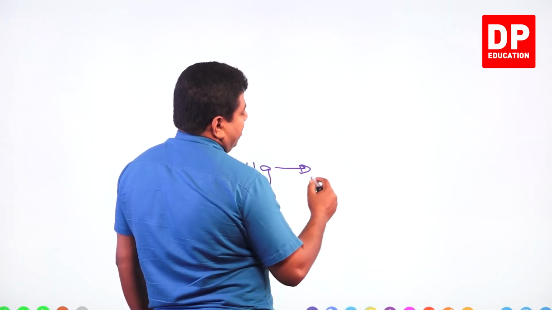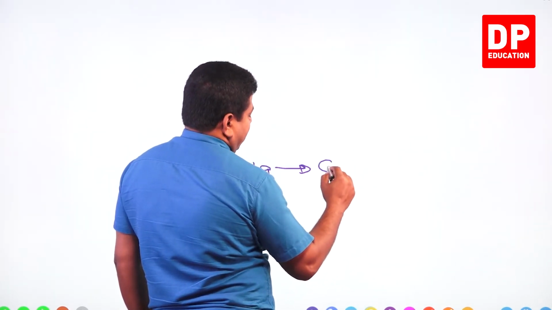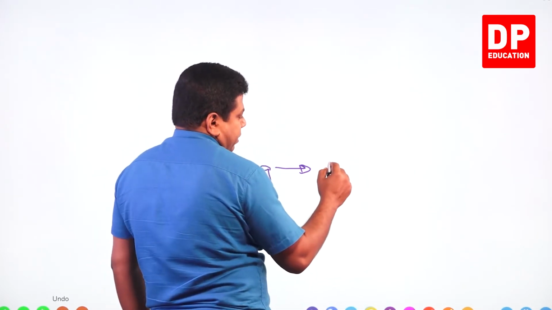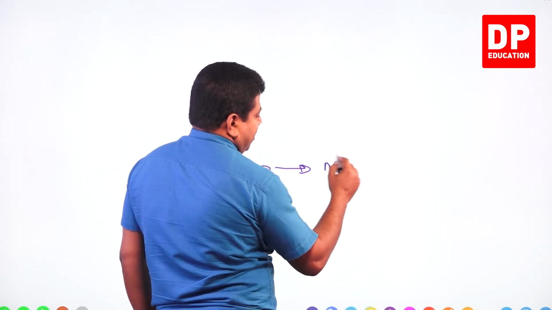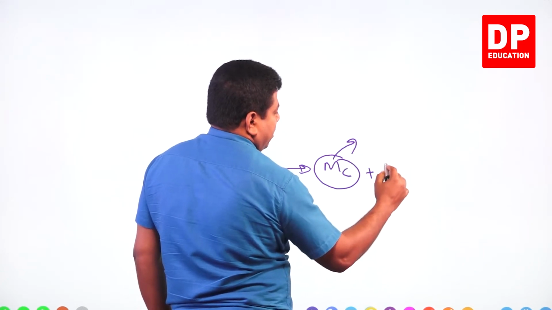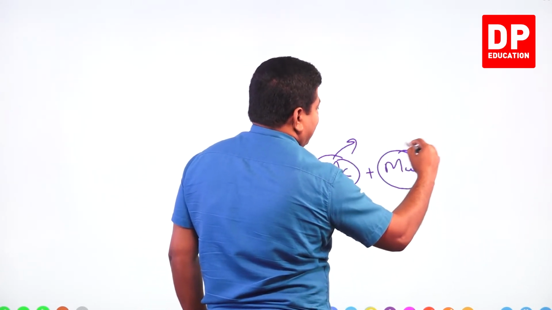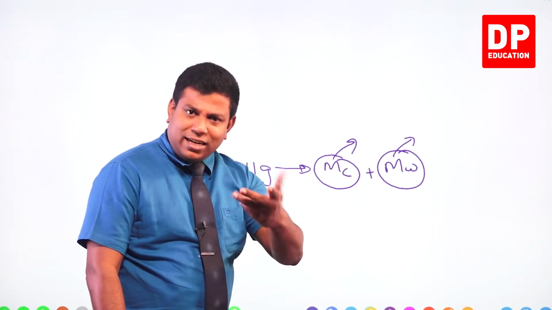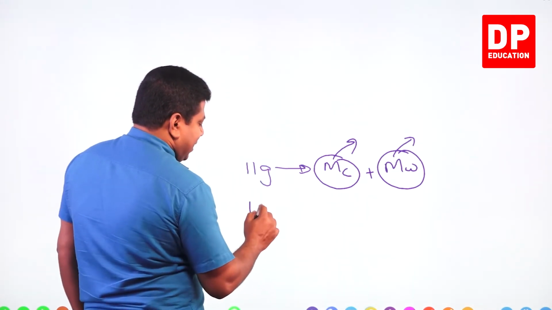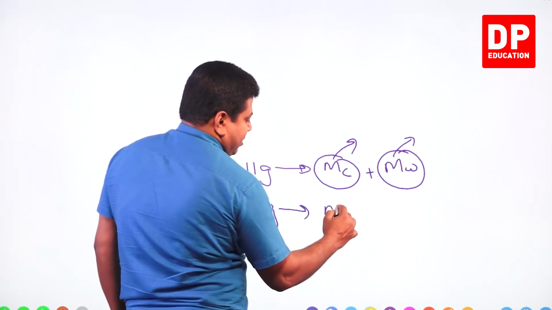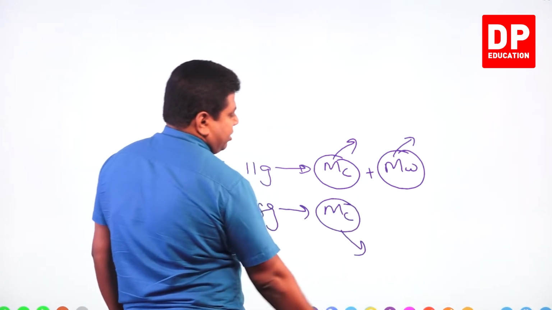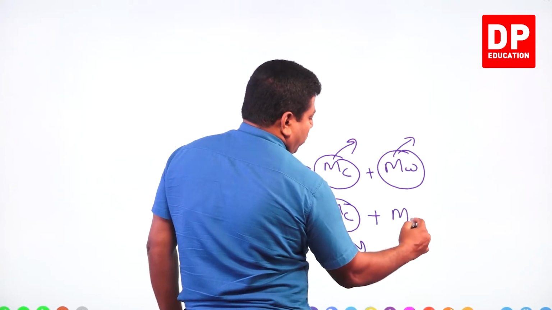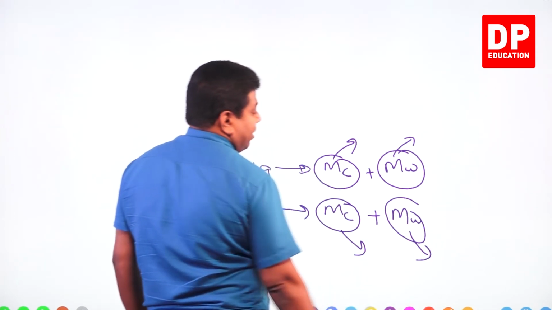From the calorimeter, MC, that released heat, and the water which was already there also released heat, by MC delta theta, with a 10 degree change. Today it is 18 gram for the same calorimeter, same amount of water, same temperature change.